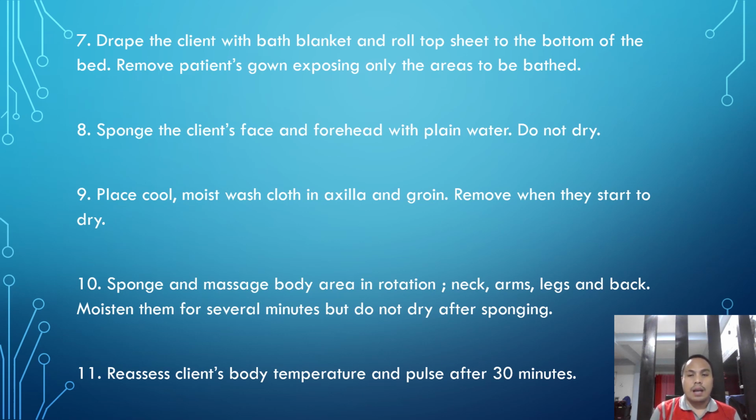It starts with the neck, arms, legs, back, and then moisten them for several minutes but do not dry after sponging. To promote heat loss, sponging of the chest and abdomen is often omitted because it can initiate shivering.